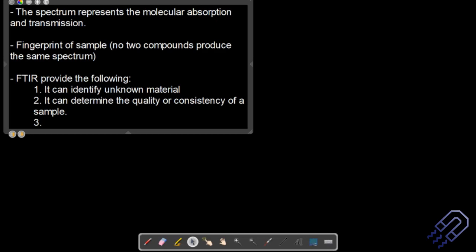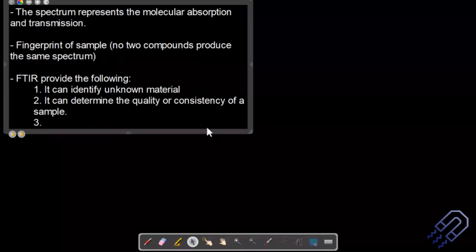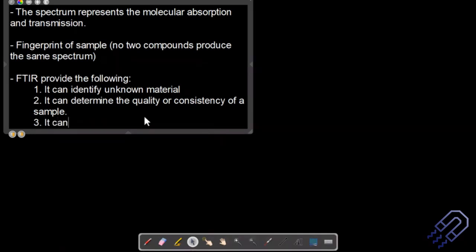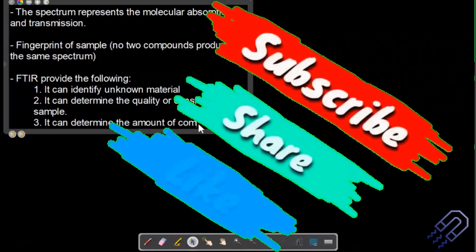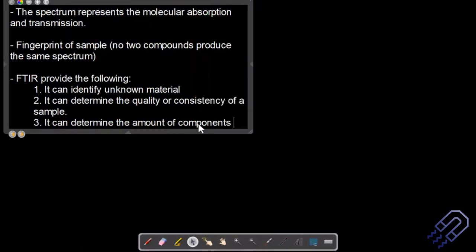So we can find out the quality and the consistency of the sample. The third important point is that it can determine the amount of components. You might synthesize a sample which is a compound and not a pure sample.